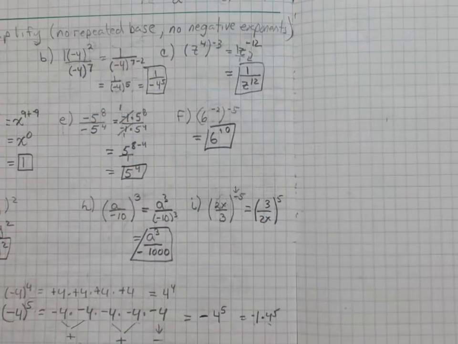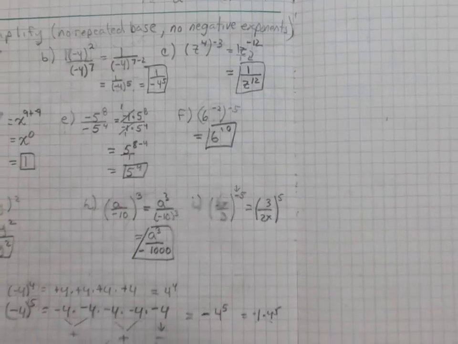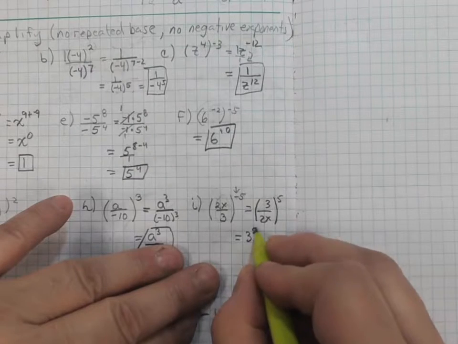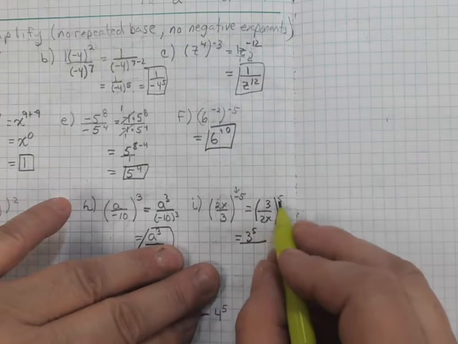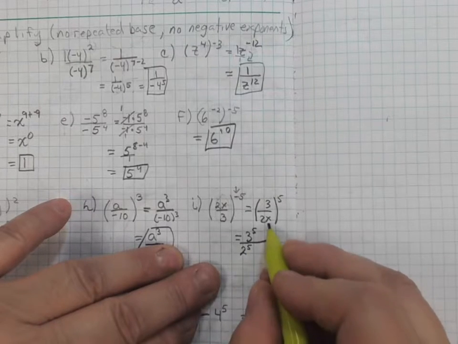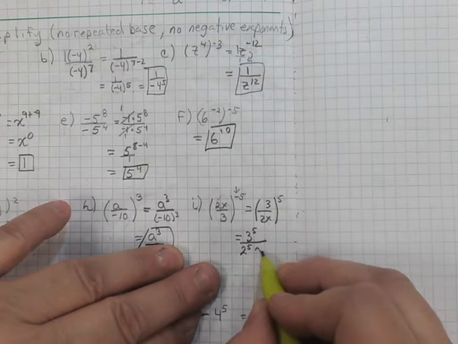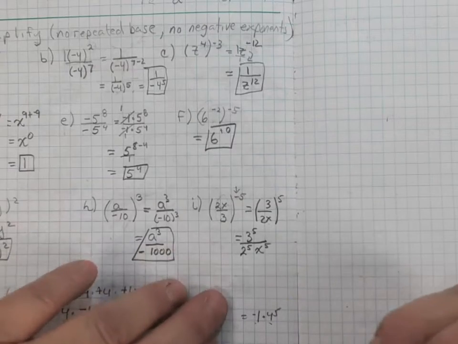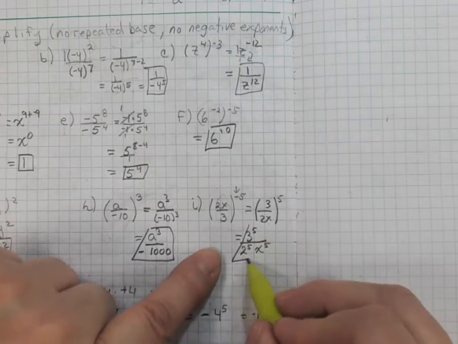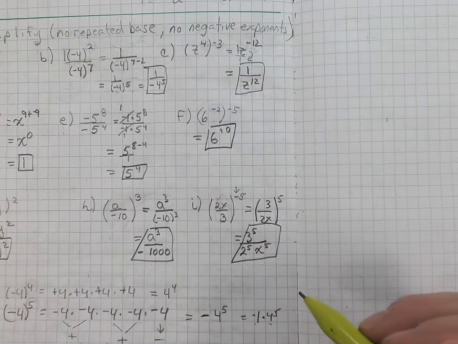So I take the reciprocal, and now let's distribute the 5. And so that gives us 3 to the 5th power over 2 to the 5th power and x to the 5th power. No negative exponents. Now I'm not going to expand these out. I will just leave them in power form. And that's our final answer.